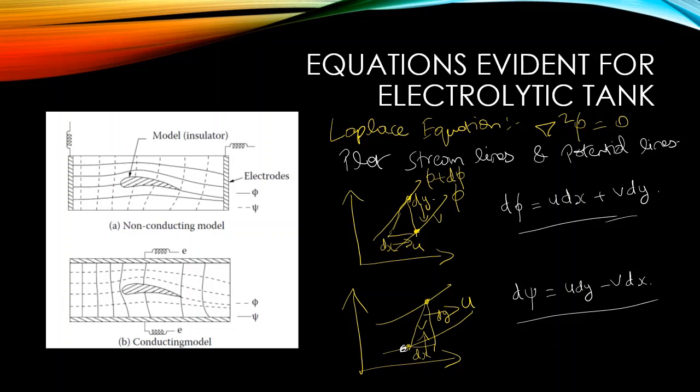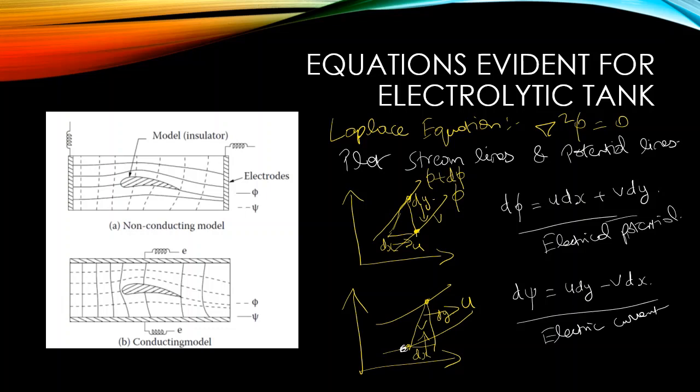So your potential line equation will be the electrical potential equation in the electrolytic bath, and the stream function will be the electric current equation.